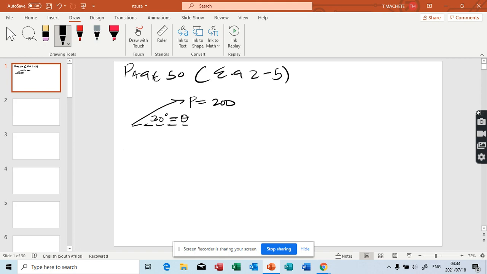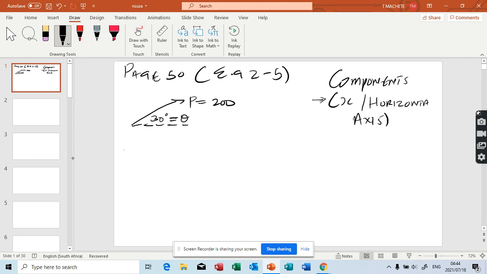When they say components, what they mean is your x or your horizontal axis. Okay, that's the first one.